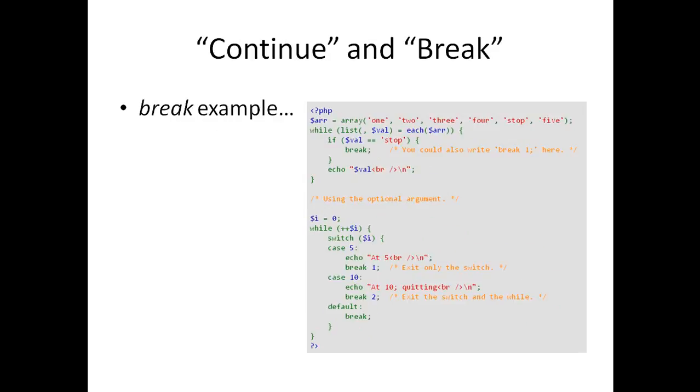Here's a break example. This shows you break 2, which exits the switch and the while loop, because the break 1 would just exit the switch, and the break 2 would exit the while loop. So here's the break 1 exiting only the switch. Okay, which is the same thing as this.